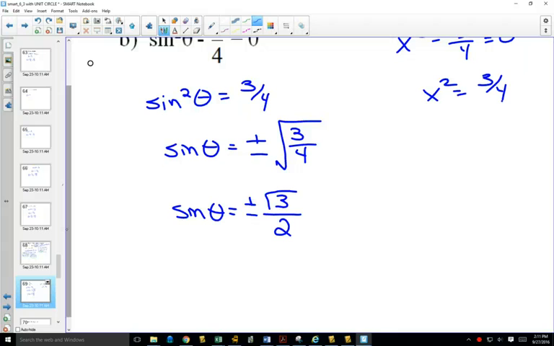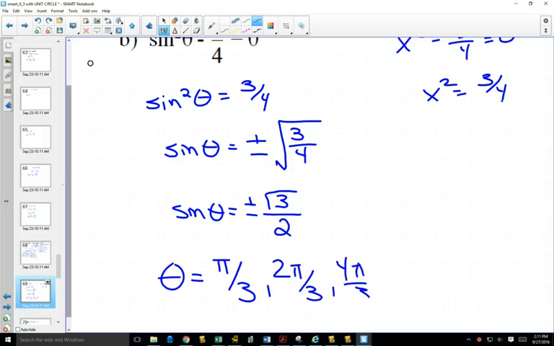What family for sine? The pi over 3 family. And since it's plus or minus, it's going to be everybody. The whole family. It's like a family gathering here. Look at this. Everybody comes together. All 4 quadrants. Pi over 3, 2 pi over 3, 4 pi over 3, 5 pi over 3.